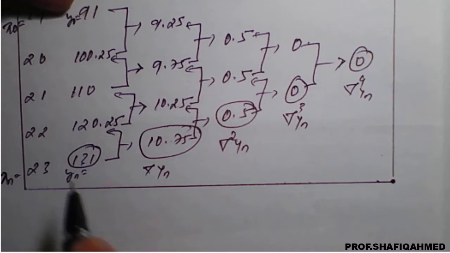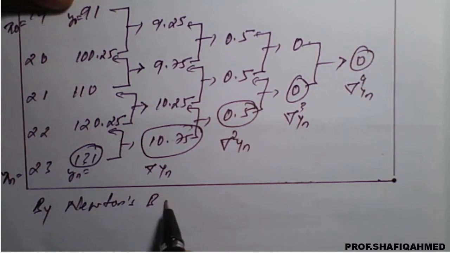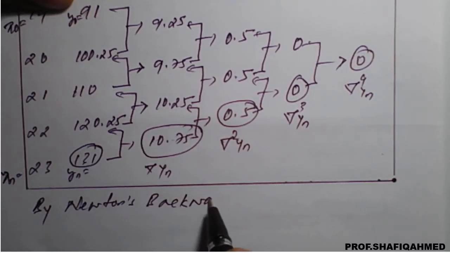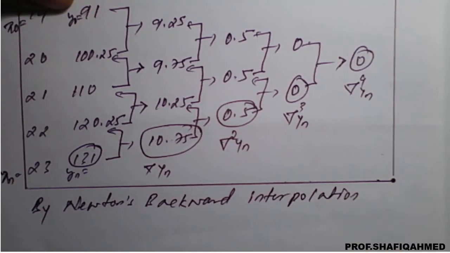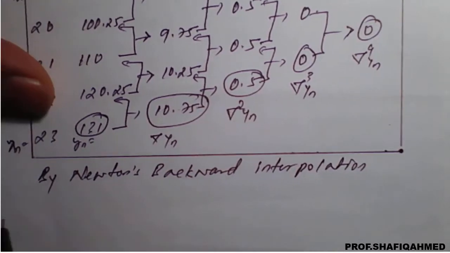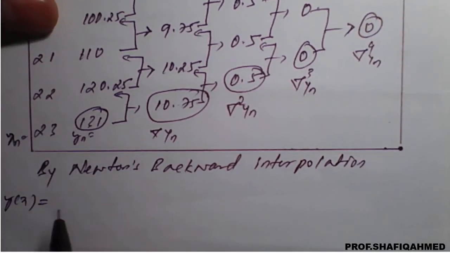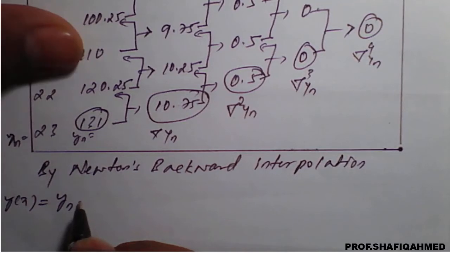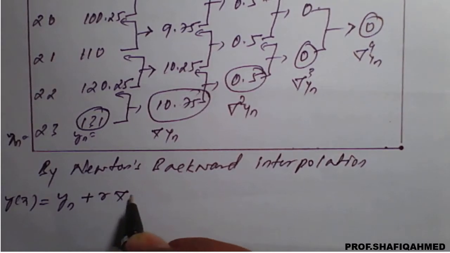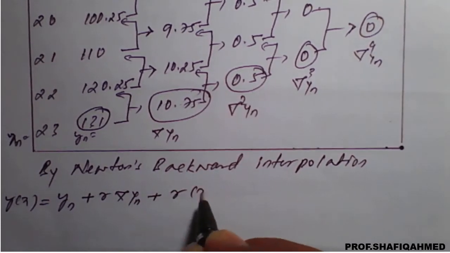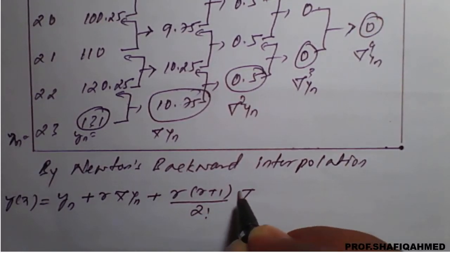Therefore, by Newton's backward interpolation, y of x, or yr, both are the same, y of x is equal to yn plus r into nabla of yn plus r into r plus 1 divided by 2 factorial of nabla square of yn.